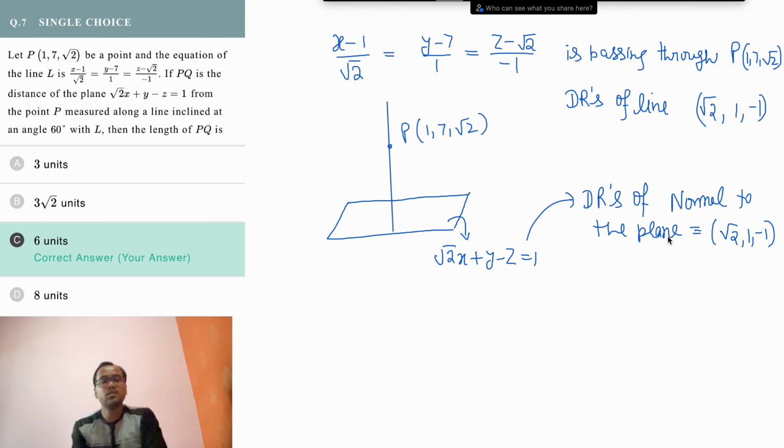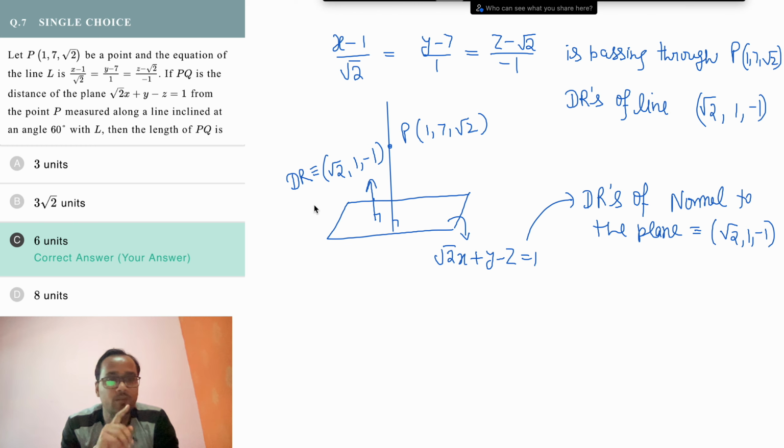So we can see the direction ratios of the line and the normal to the plane are both the same. That means this line will be in the direction of the normal to the plane. This would be the normal also, and this will be the line also.